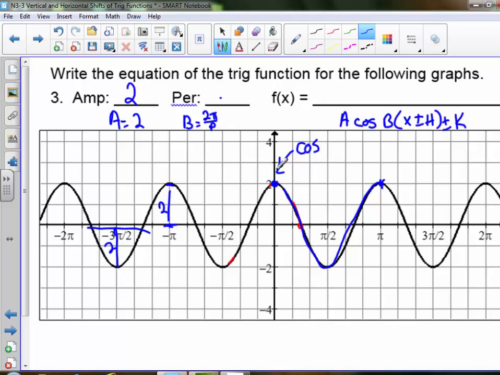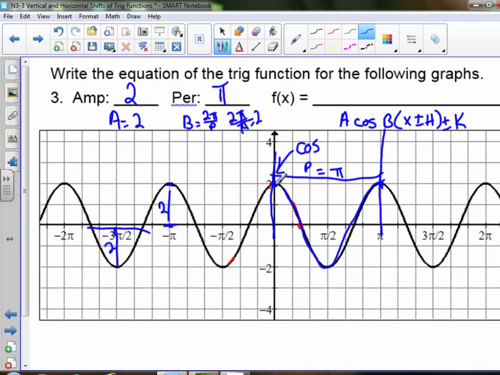We started here at 0, and we went all the way out to pi. So that means my period is pi. So 2 pi divided by pi is 2. So B equals 2.